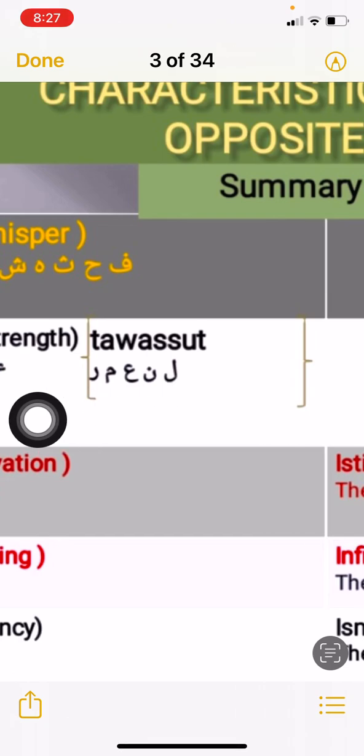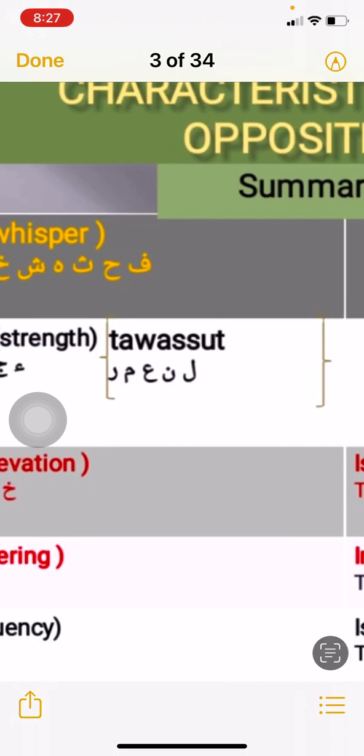Tawassut means in between. It's present with the letters لن عمر, and the sound is partially imprisoned and partially running when pronouncing the letter.